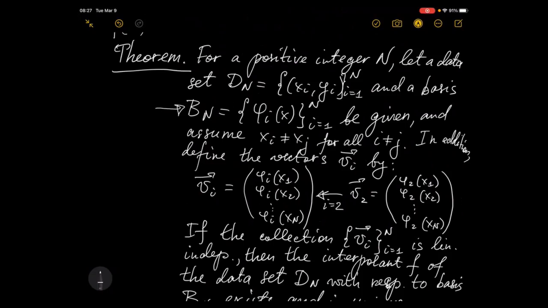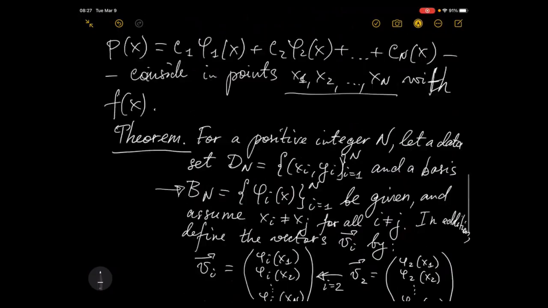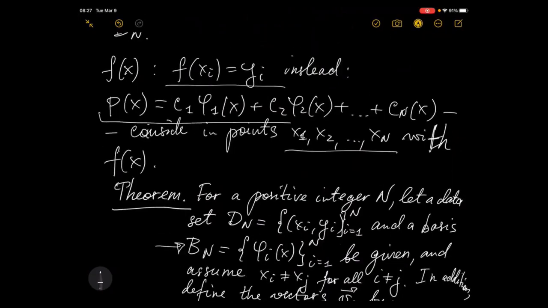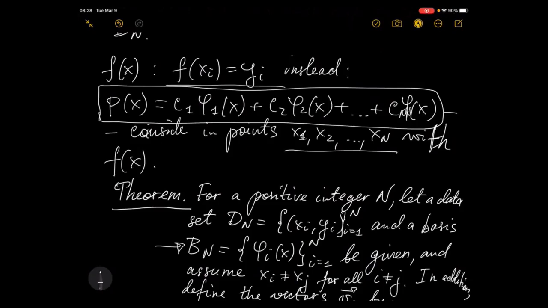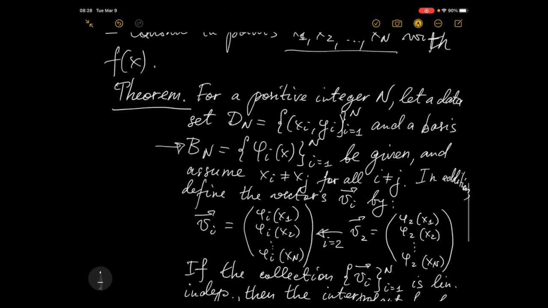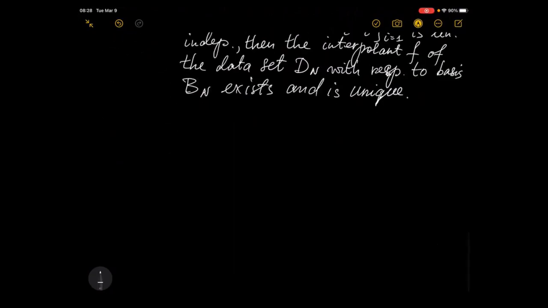And then using these n functions, we can find an interpolant, which means a linear combination like that, and the resulting function will go through all the data points, and we can use it as an interpolant, right? So as a substitution for the function f, which we don't know. So the proof is very simple.